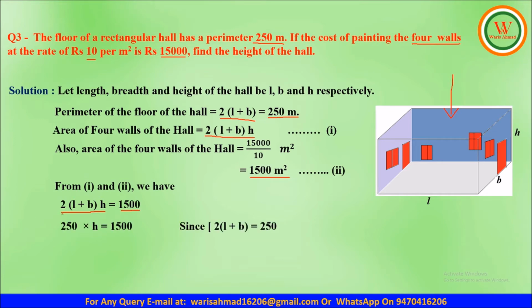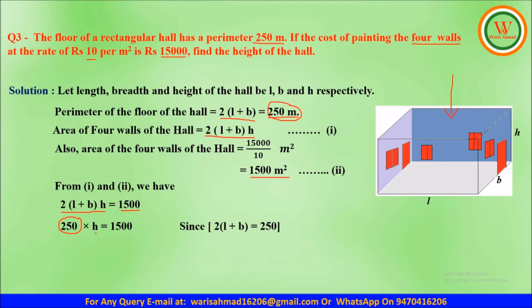Now the next line, 2(L plus B) into H. The value of 2(L plus B) is given 250 meter. So in the place of this, we can assign 250. The value of H is not given, that we have to calculate. So in the place of H, we can write H. There will be no change. Now equal to 1500.